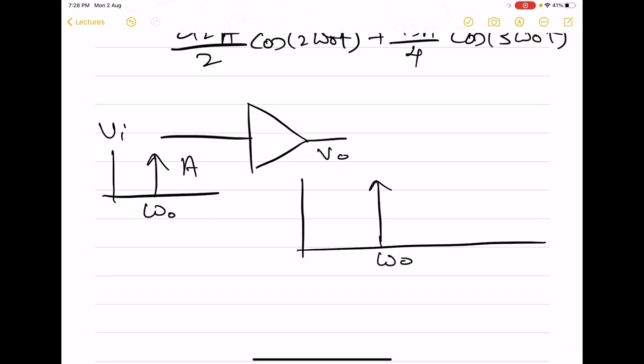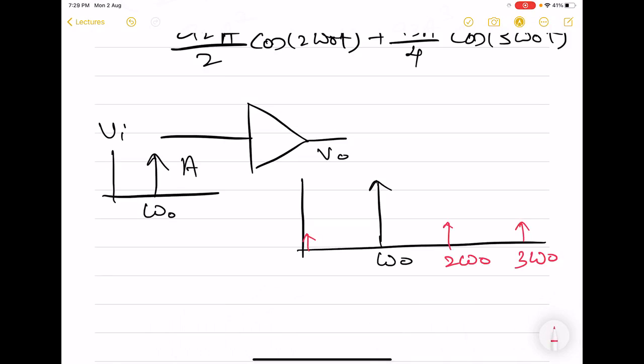In addition to this, we are now going to get multiple undesired components also. The first is going to be at DC, the second is going to be at 2 omega naught, and there is going to be another one at 3 omega naught.